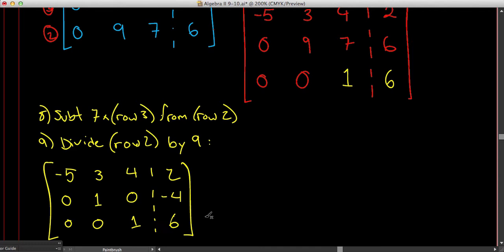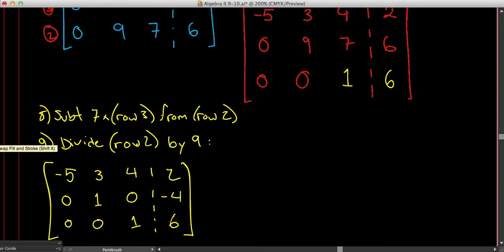Okay. So we're almost there. I can see it. We're really, really close. I think the next thing that we can do is eliminate this 4 here by multiplying the third row by 4 and subtracting that from row 1. So our 9th step, or sorry, our 10th step.